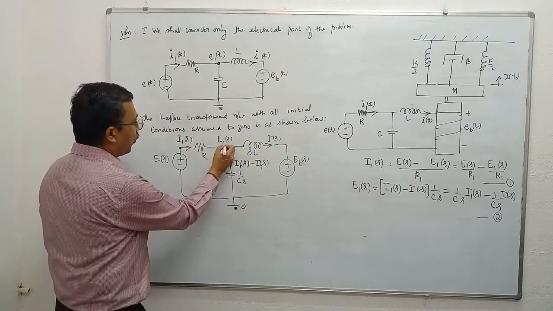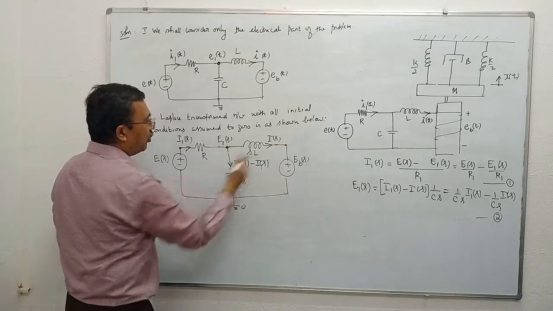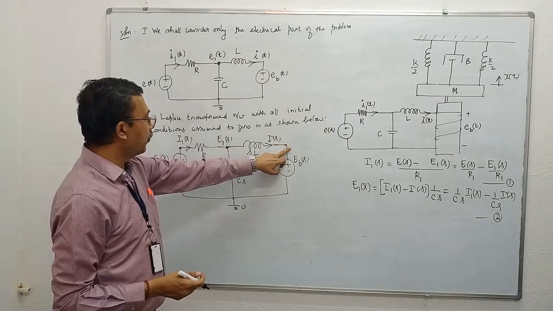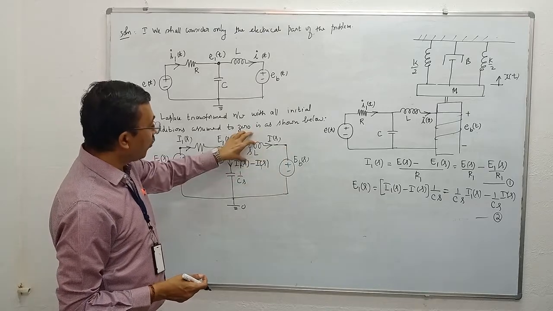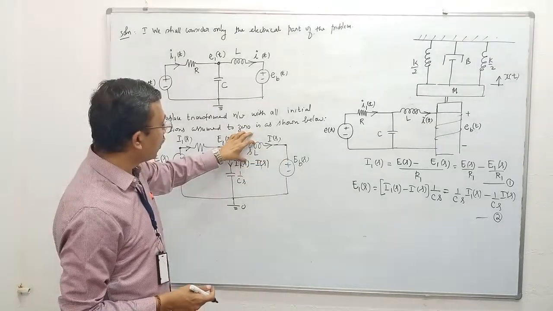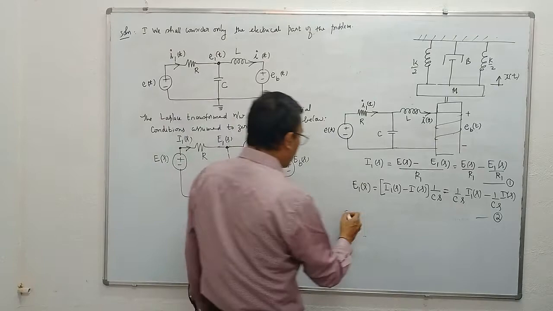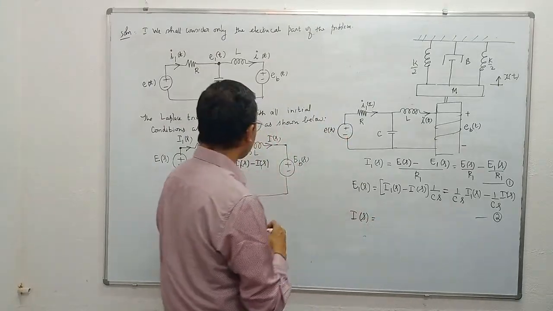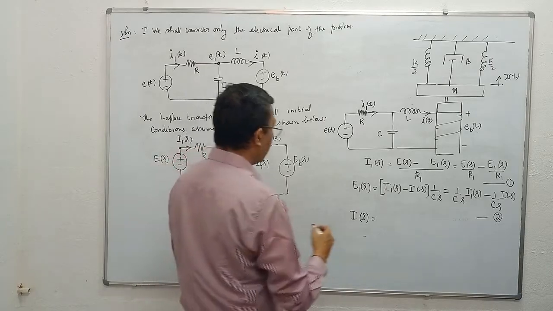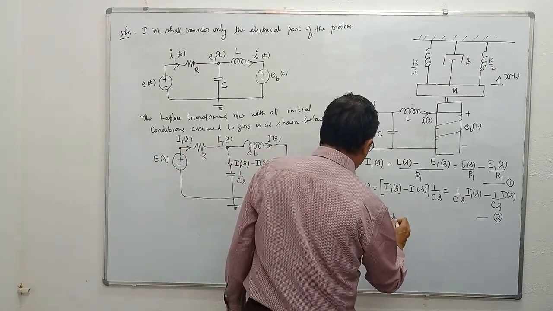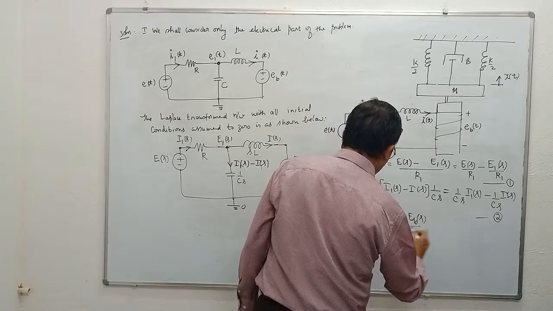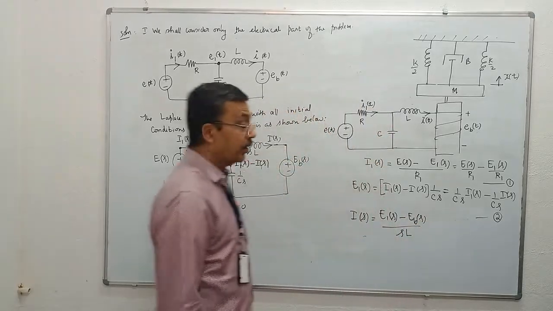Current I(s) is flowing from this node to this node. What is the difference in potential? E1(s) minus Eb(s). Difference in potential divided by the impedance sL will give the current I(s). So current I(s) is equal to E1(s) minus Eb(s) divided by the impedance sL.